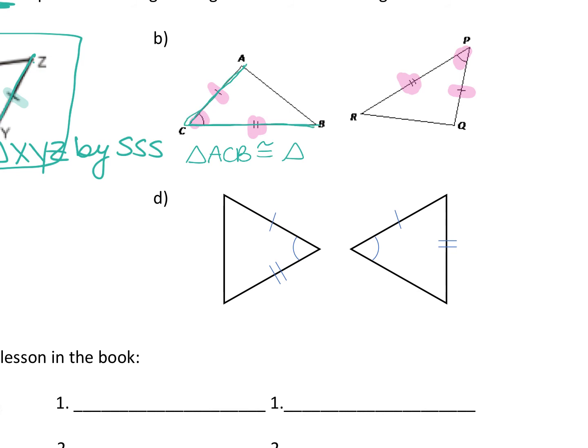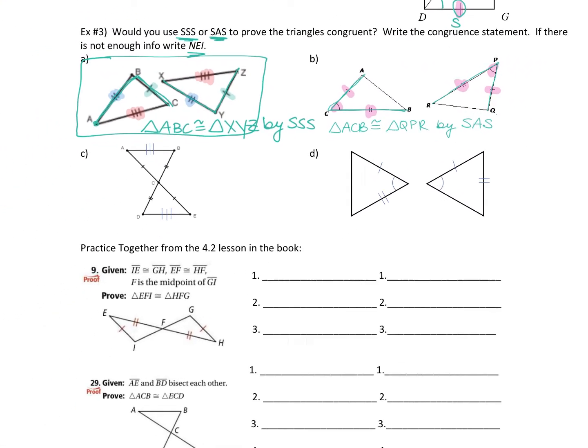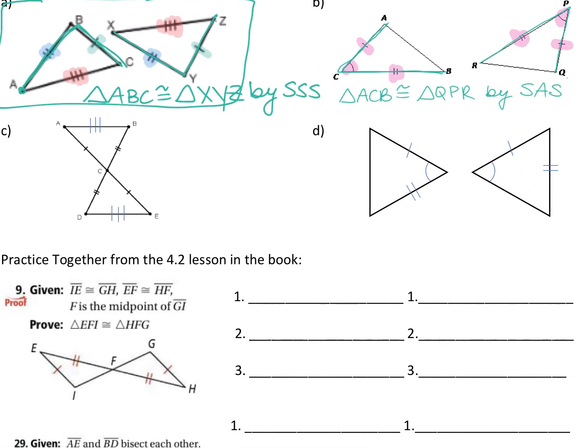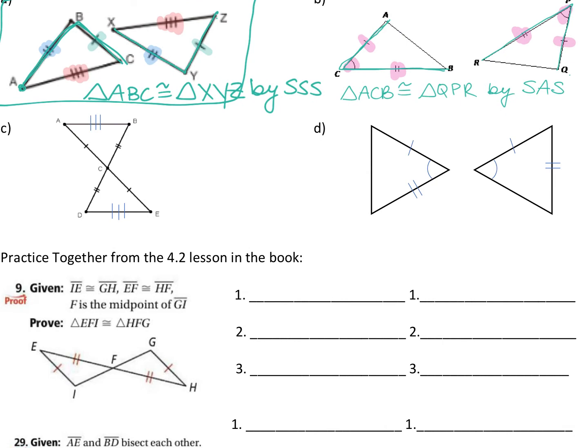So you need to go through the single, through the double. So QPR. Does that make sense? Okay. By what? SAS. Side, the included angle, and the side. Okay, look at letter C. Are those two congruent?